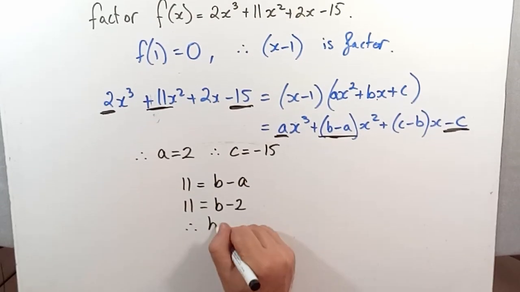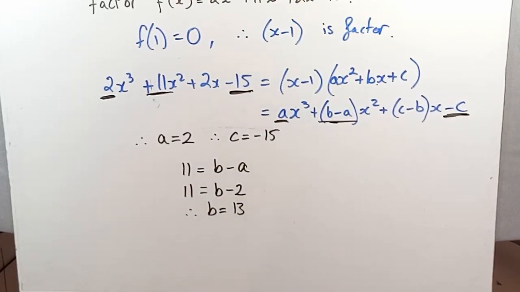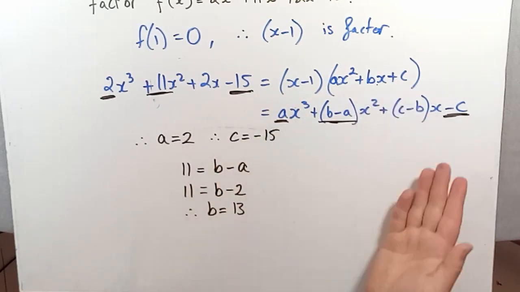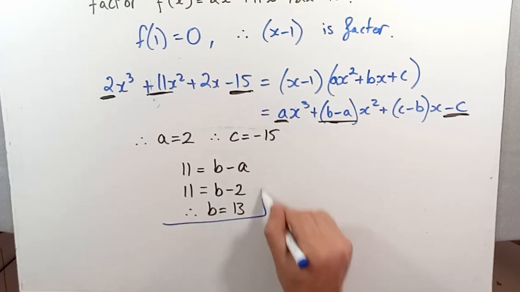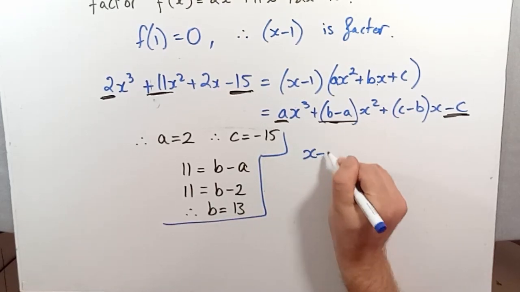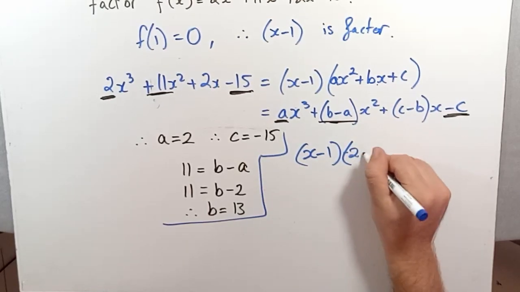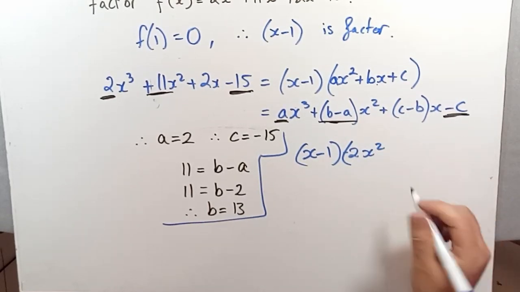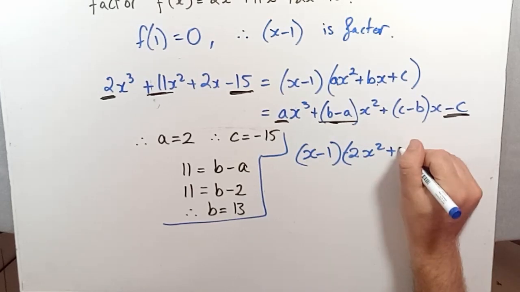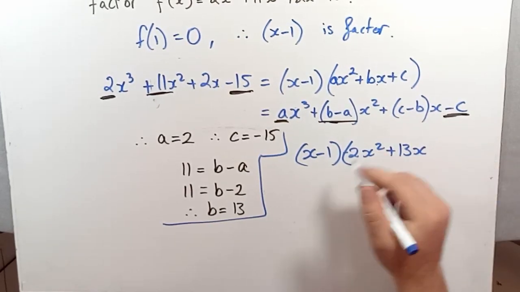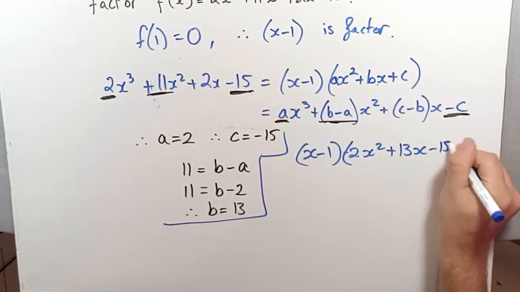Therefore b is equal to 13. So I've done the division without doing the division. Now I've got x minus 1 multiplied by 2x squared plus 13x minus 15. And there we go.